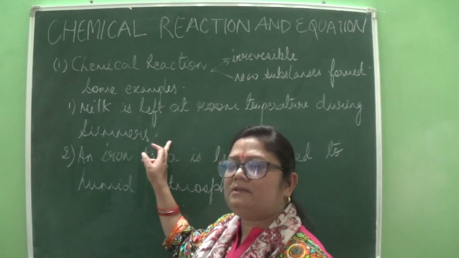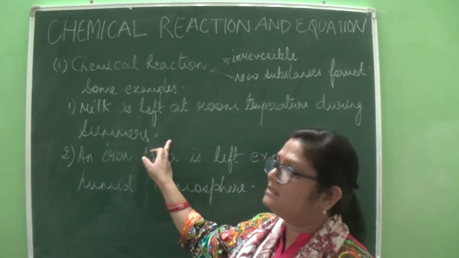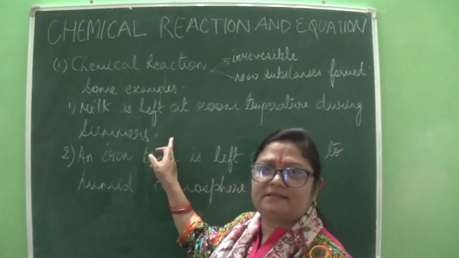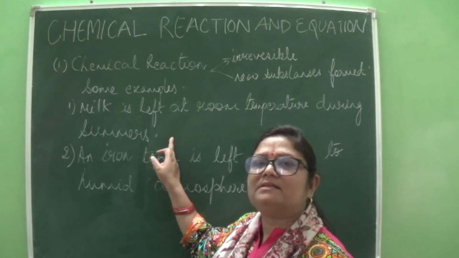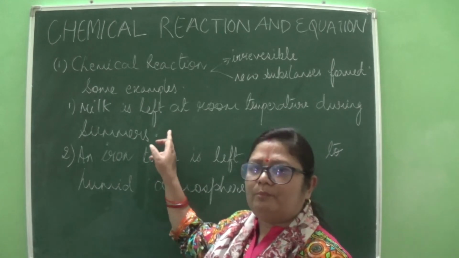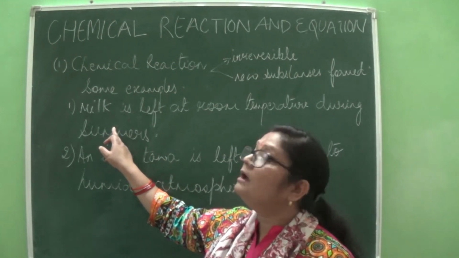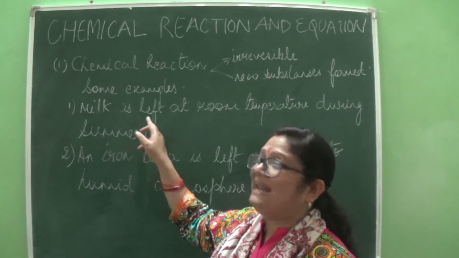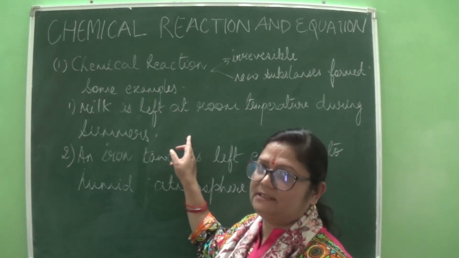So here the temperature is high, and this temperature plays a great role. What happens at this temperature? Multiplication of bacteria is high, which shows reactions with milk, and it changes to lactic acid, which we say curd.